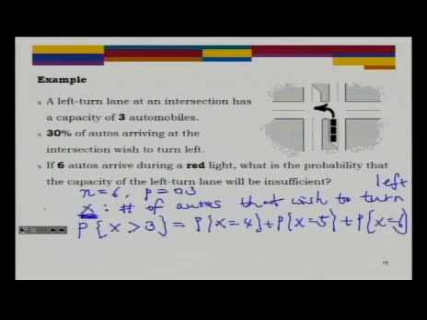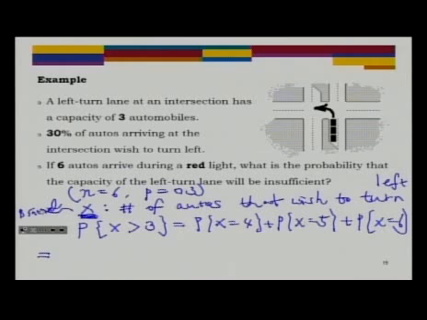You remember a binomial random variable counts the number of successes within a certain number of trials, right? That's exactly what it counts. So obviously x follows a binomial distribution with parameters n equals 6 and p equals 0.3. So we're going to use the binomial distribution for calculating this probability. So how do you get it?